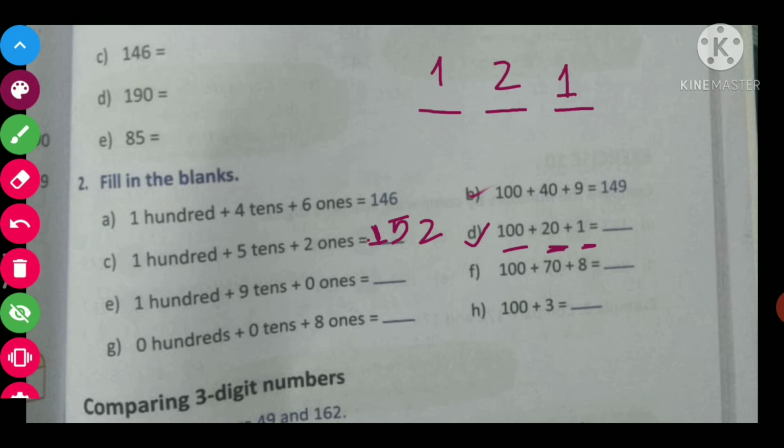So our number will be 121. Okay, 121. So this is how you have to do this one, in words also and in figures also, how you can identify. Now one more I will do, this one H.